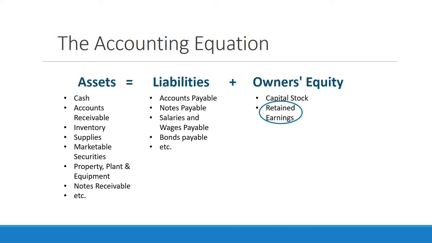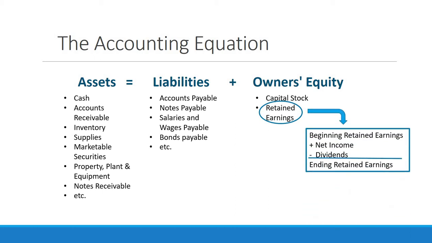So how do we calculate retained earnings? Well, retained earnings are equal to the beginning retained earnings, or whatever we started that period with, plus the net income, that's their net profit for the period, subtract any dividends, which are the amounts that are paid out to the owners of the business, and that equals their ending retained earnings. So if it's the first year that a company's in business, the beginning retained earnings would be zero.